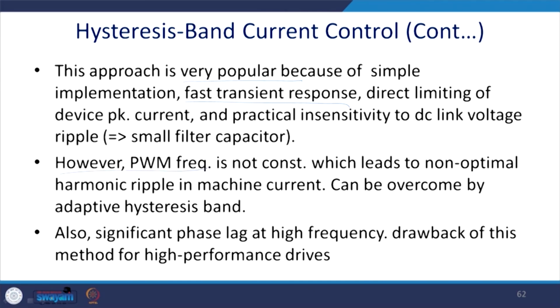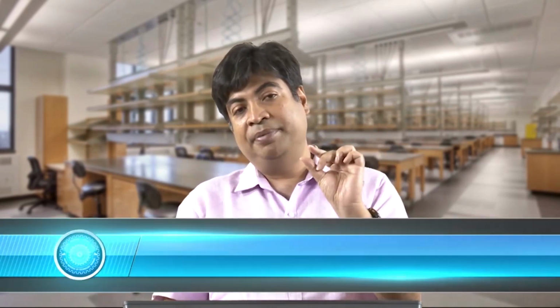The PWM frequency is not constant, which leads to non-optimal harmonic ripple in the machine current as well as in the shunt active power filter, and can be overcome by the adaptive hysteresis band. So, the band itself changes: once there is a big current error, the band will be higher, so that you can ramp on, and if the error is minimized, you can have a shorter ramp.